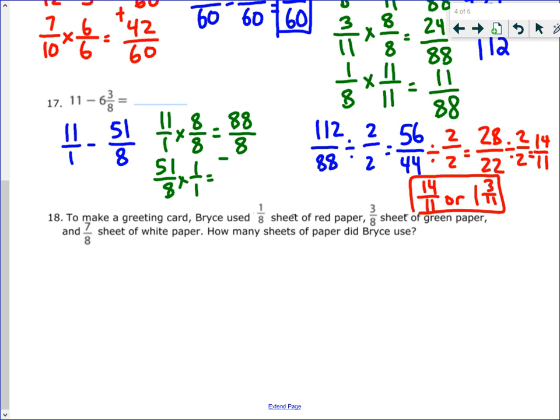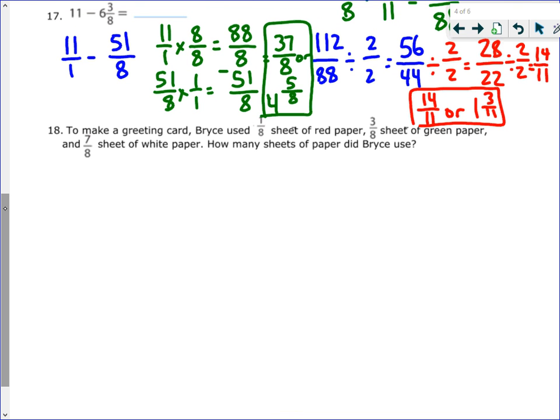So 88 minus 51 gives us 37. 37 over 8, or, see, 8 times 4 is 32, and then we have 5 left over, so 4 and 5 eighths. And there you have that one. Hopefully you understand that. If you don't, just make sure you reach out to your teachers so they can help you.